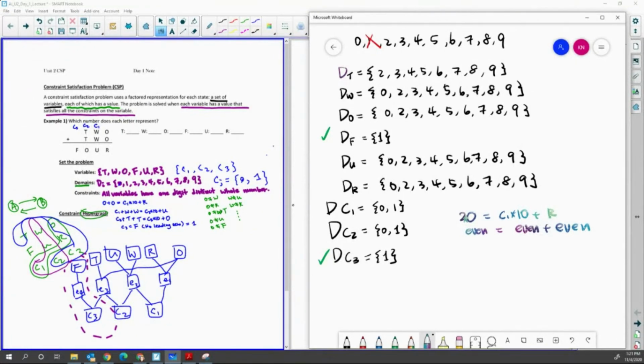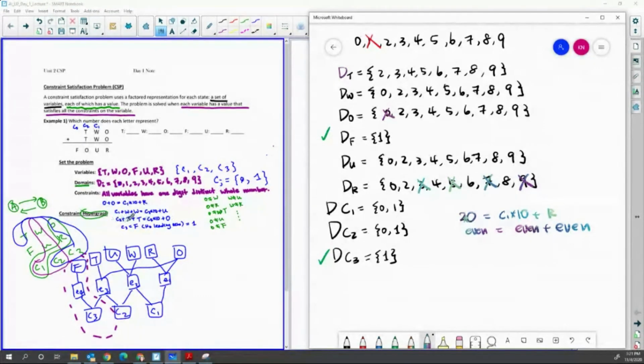That means R must be even. So in the R, any odd number I can take out. Also, if O is 0, R is also 0, so O cannot be 0. But R can be 0 at this point. If O is 5, 5 plus 5 is 10, so R can be 0.